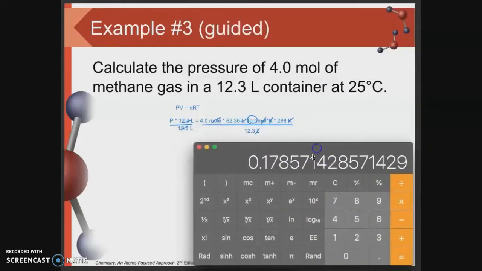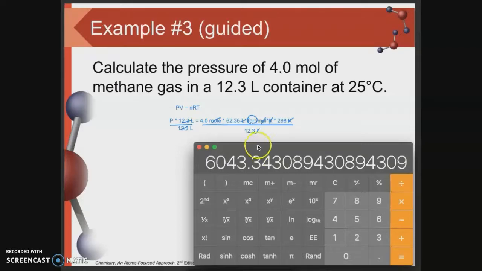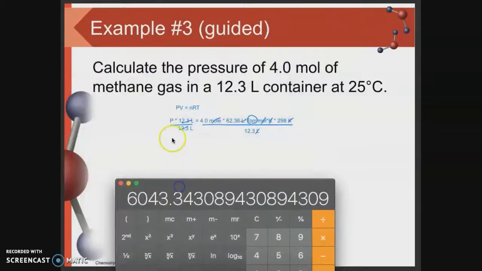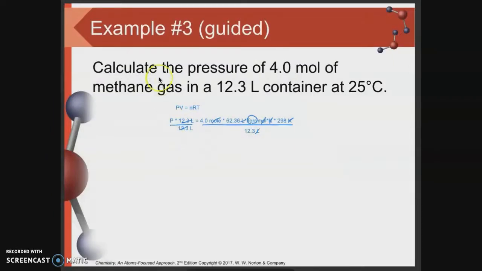So 4.0 times 62.36 times 298 divided by 12.3, and two significant figures because of the moles. I'm going to get a pressure unit here.